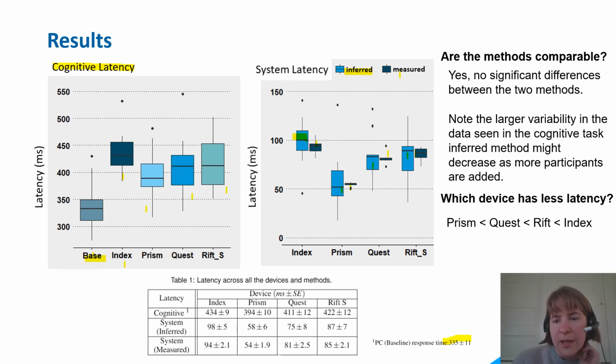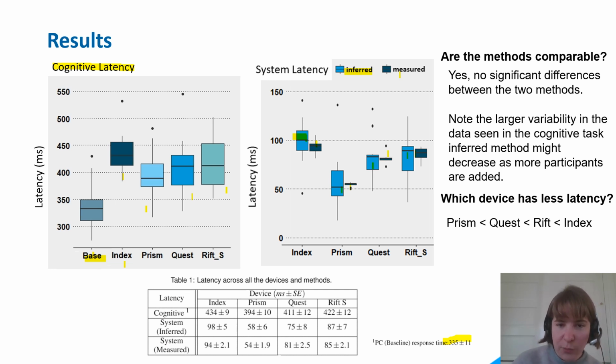Details on the significance of these are in the paper. I have to say that the Index is giving a bit higher latency because in Quest and Drift, the camera goes directly into the screen of the HMD without going through the computer.